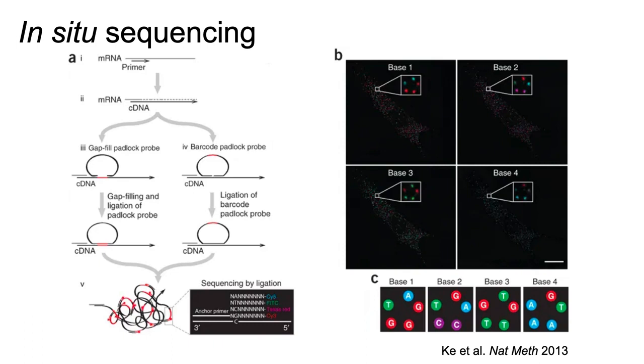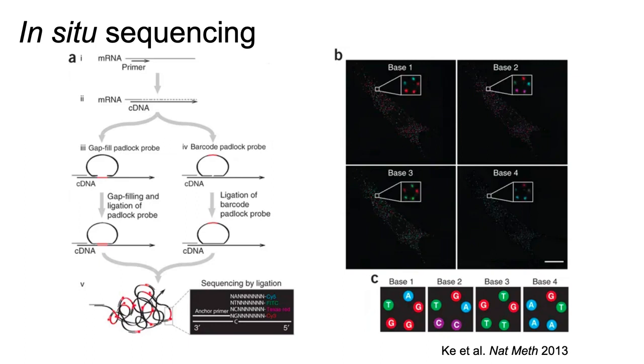The first approach came out of Mats Nilsson's lab in 2013, and I'm going to step you through this flowchart, but basically, you have an mRNA, you put on a random hexamer primer, and you use reverse transcriptase to get a cDNA. You can then come in with what's called a padlock probe, which is a piece of DNA which can hybridize to 2 regions on the cDNA.